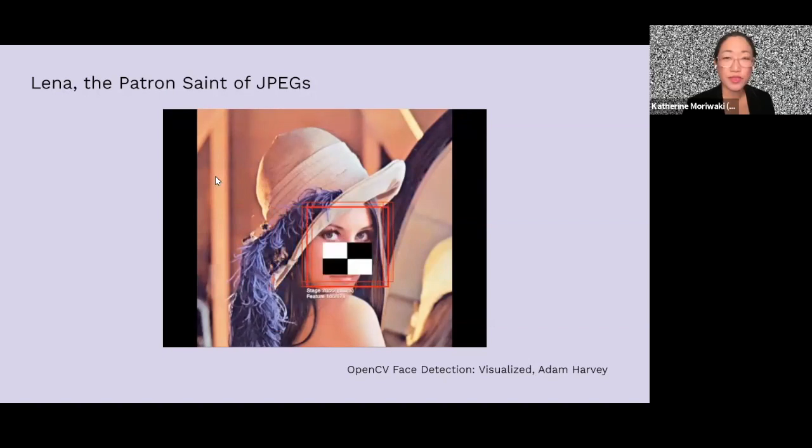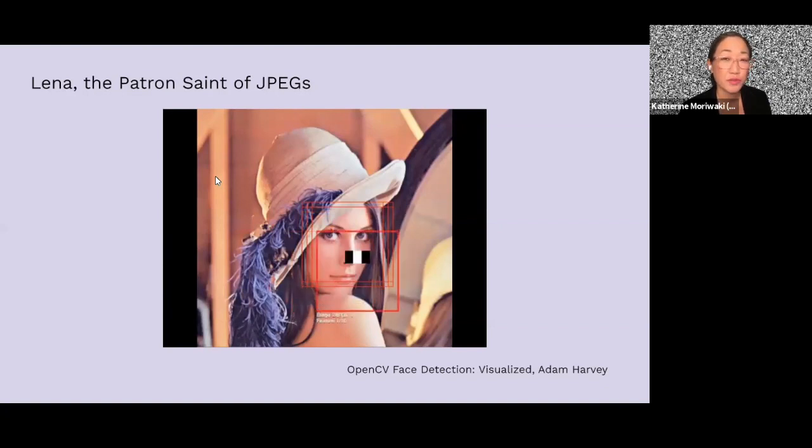And so this image is actually very interesting. It is a photograph of Lena Forsen, who in 1973 posed for an issue of Playboy magazine.